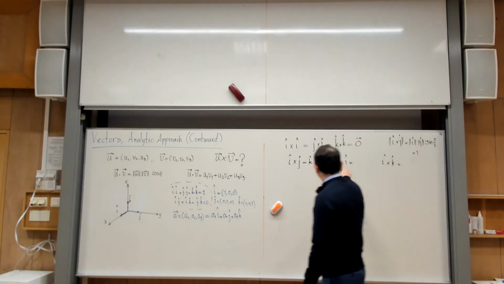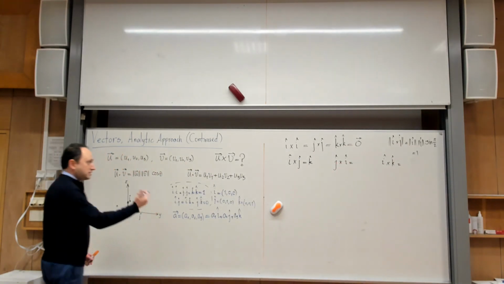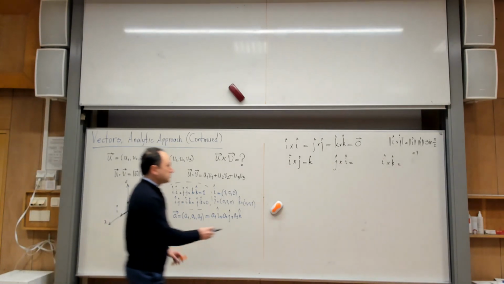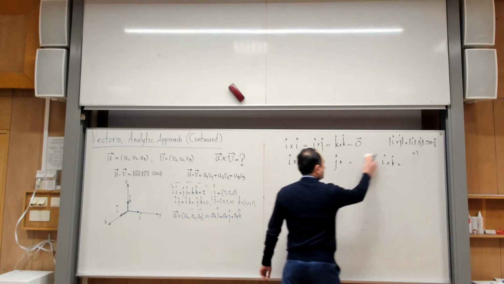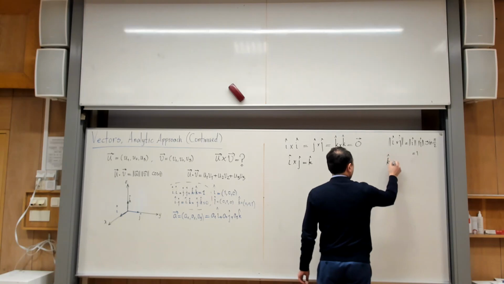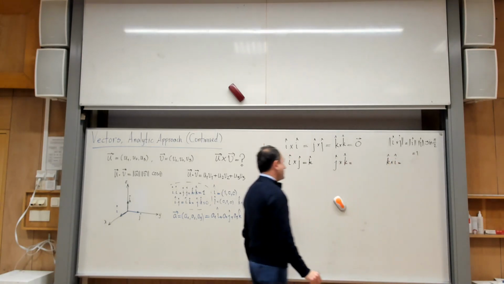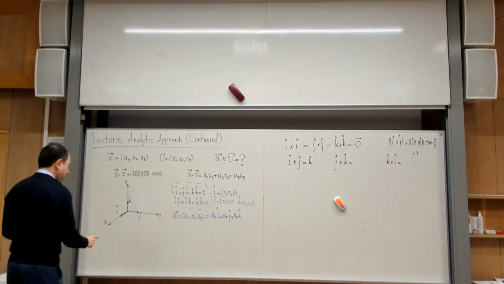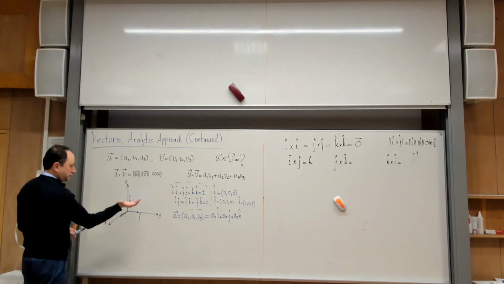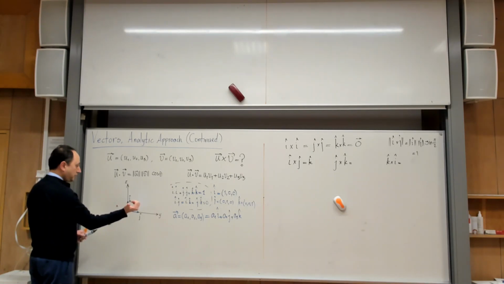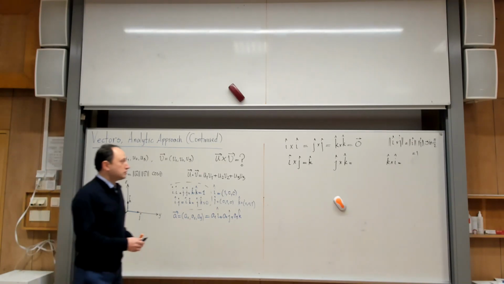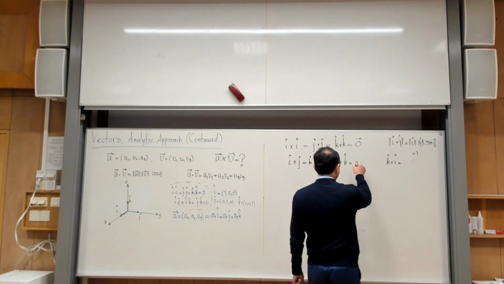I want you to convince yourself by the right-hand rule. Sorry, I'm making a mistake. J cross K, and then K cross I. I hope you can convince yourself easily, because I need to bend my hand in this way, and then it is pointing outwards, and that is i coming out. So j cross k is i.